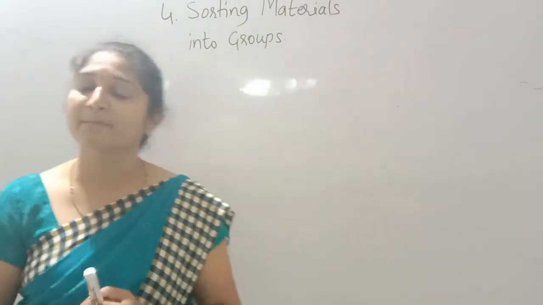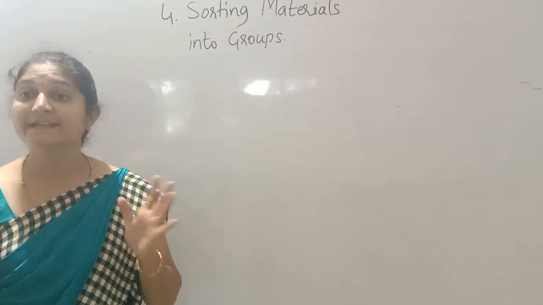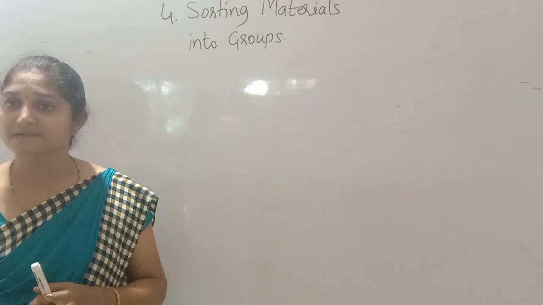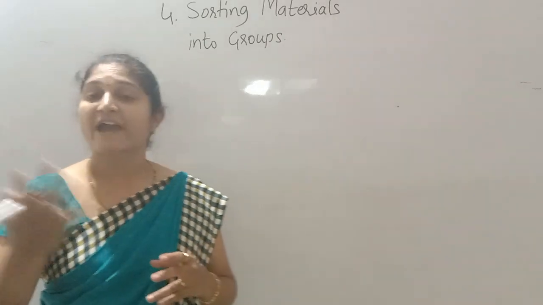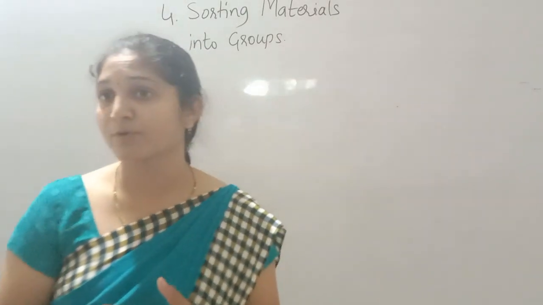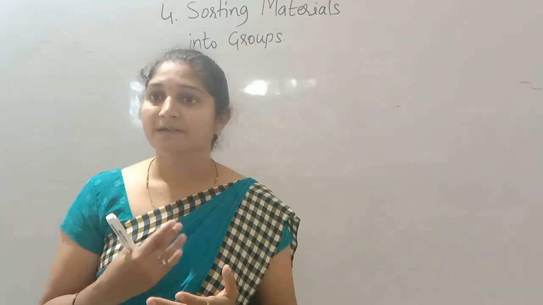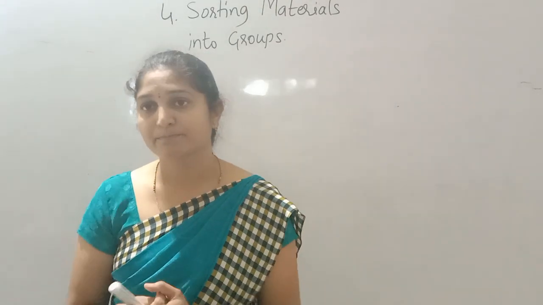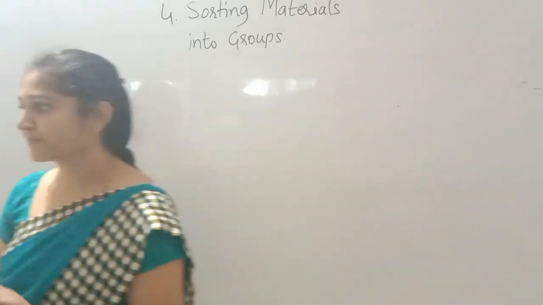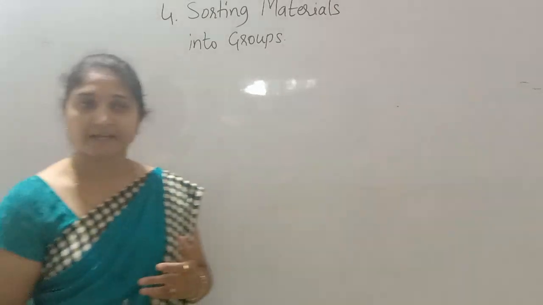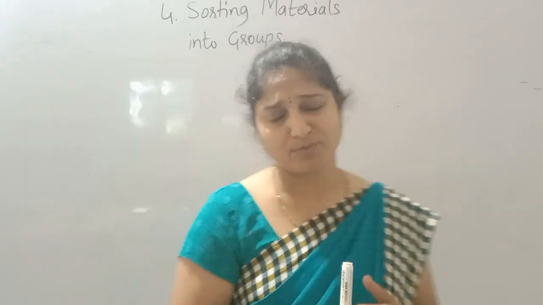So many materials are there, right? Then how can we sort out those things? We have a fan in our home. The utensils are there, and toys, ball, bag, right? The playing toys, so many things.